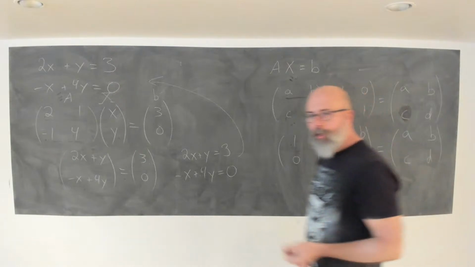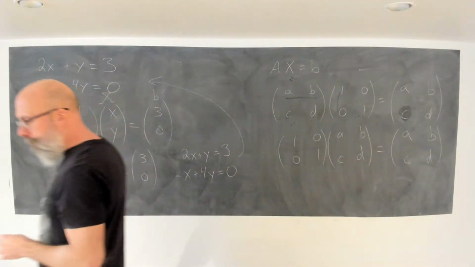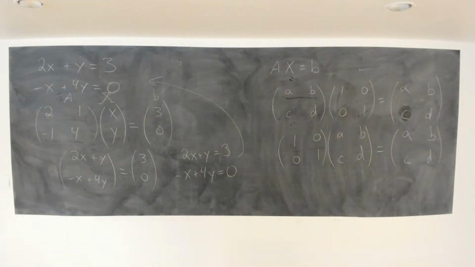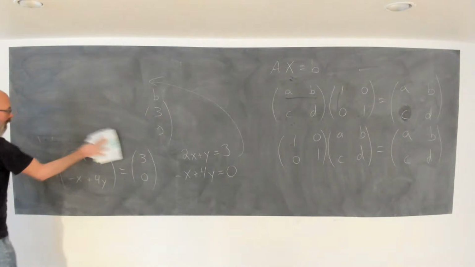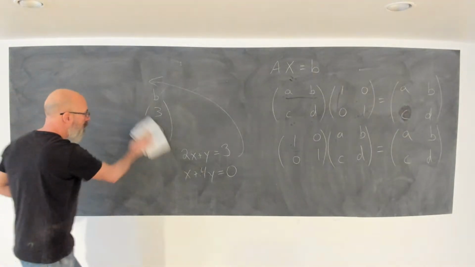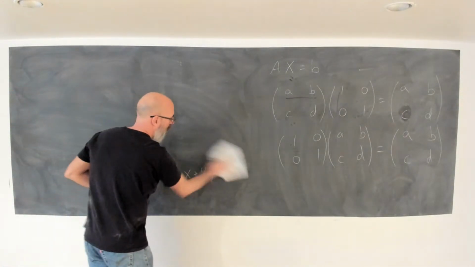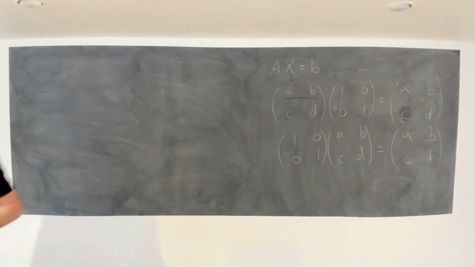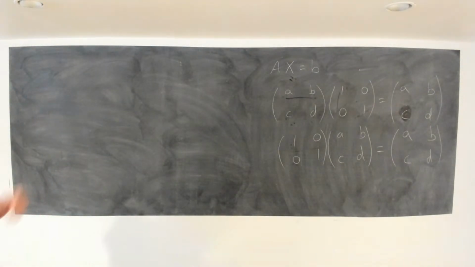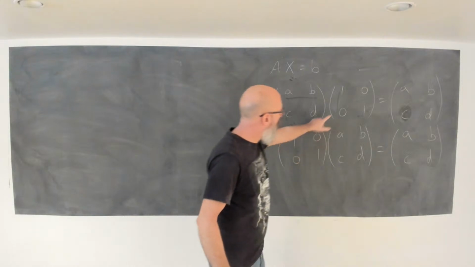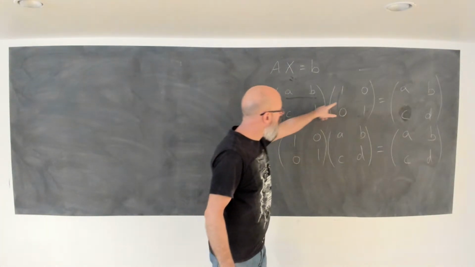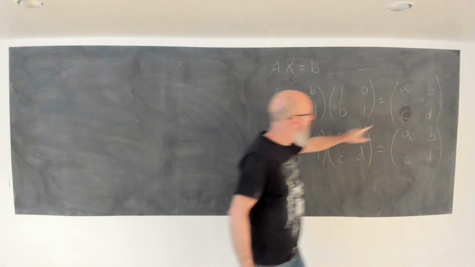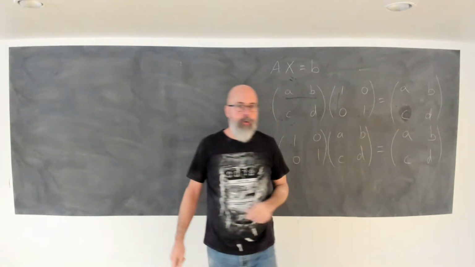This is an important observation. This matrix 1, 0, 0, 1, this 2 by 2 matrix, has this very nice property that any other 2 by 2 matrix times that gives you that 2 by 2 matrix back.